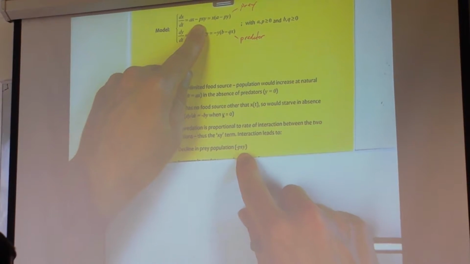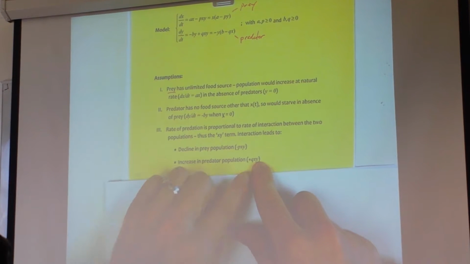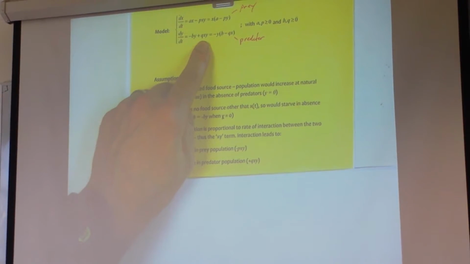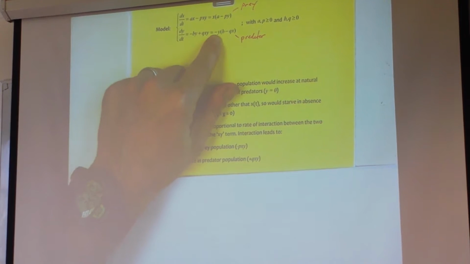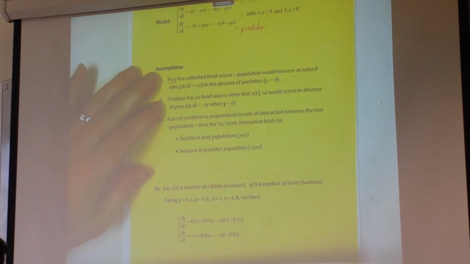So it's going to decrease the prey population. Whereas those same interactions will increase the predator population, thus you have a plus in front of the XY interaction term. Okay? So they're very similar equations. Very similar, except the signs are opposites in each term. All right.